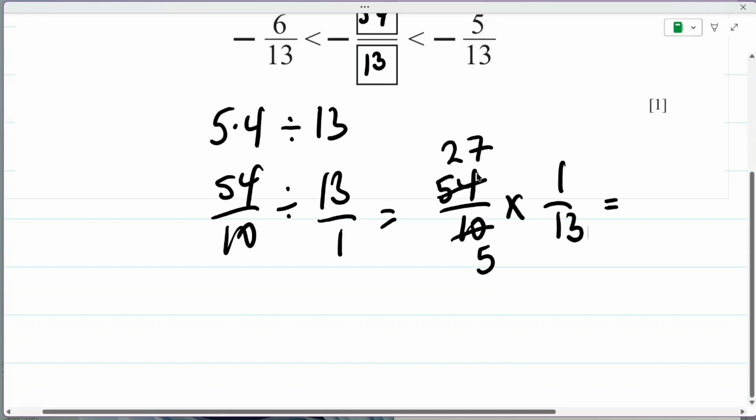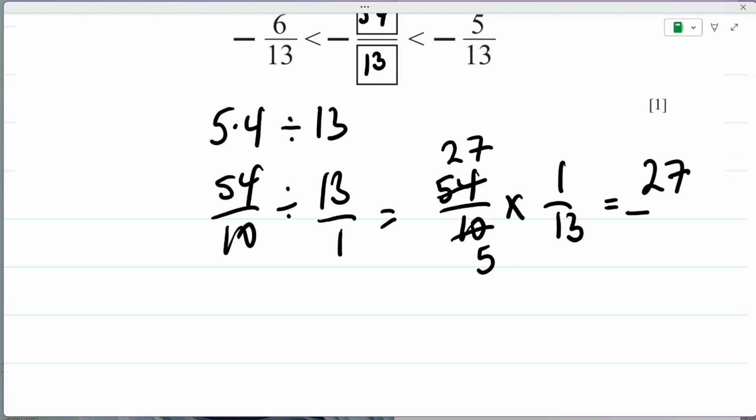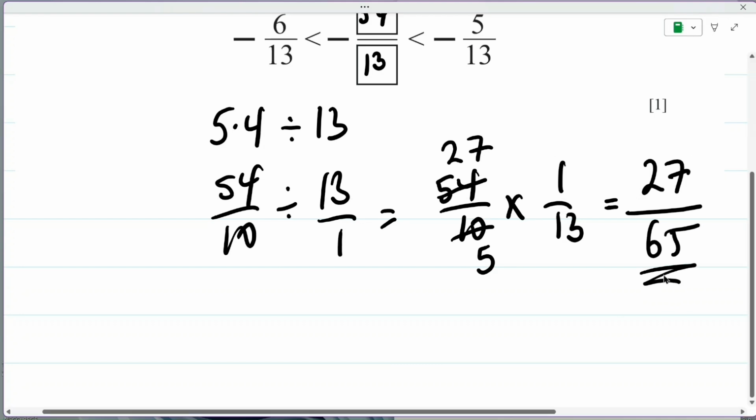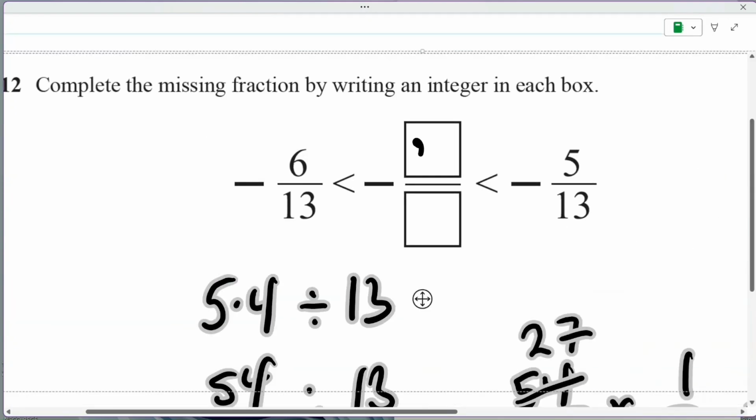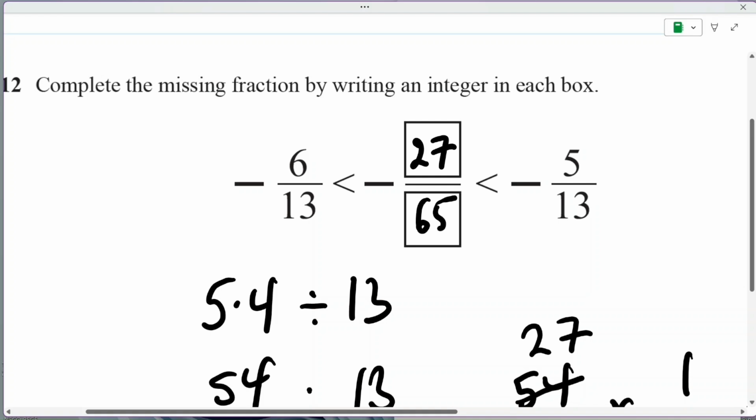Now there's nothing that can cut through again, so you have 27 times 1, that's 27. Then 13 times 5 is 65. So we have 27 over 65. Therefore, 27 over 65 can also fit into this, showing that there are several answers to this question.